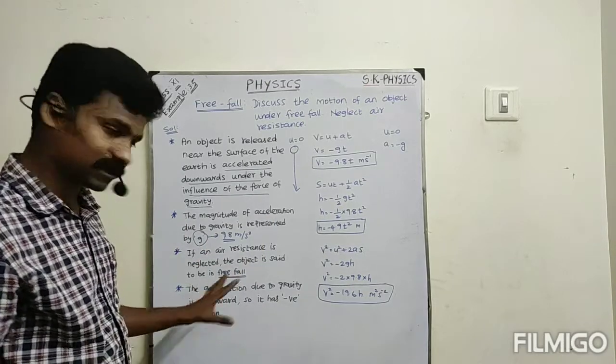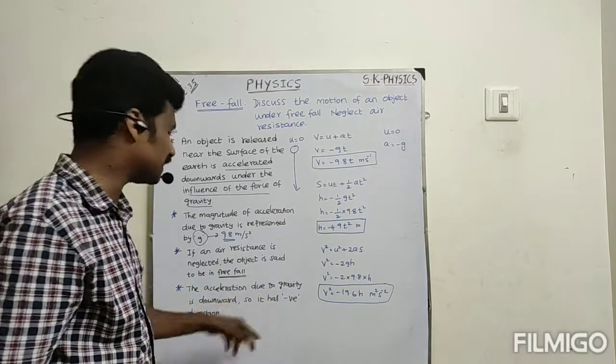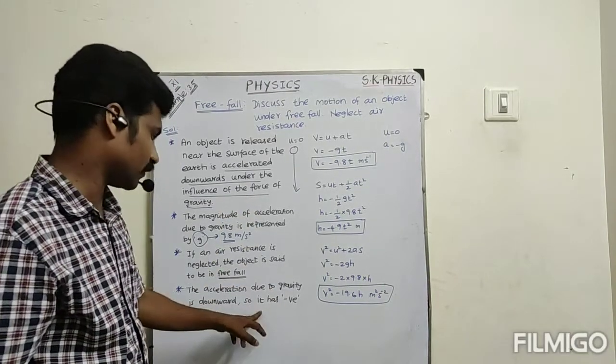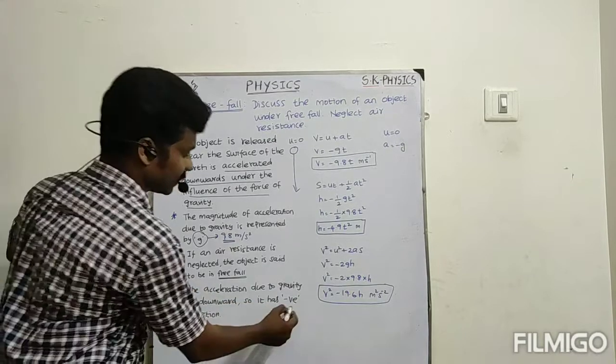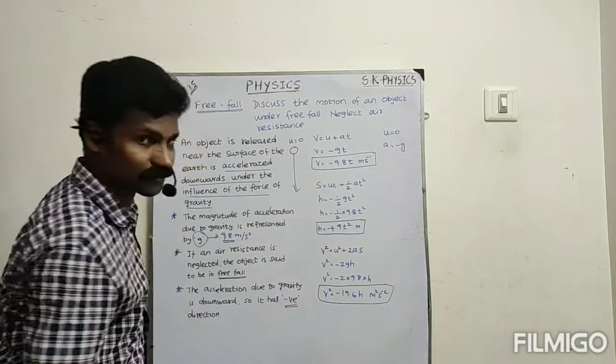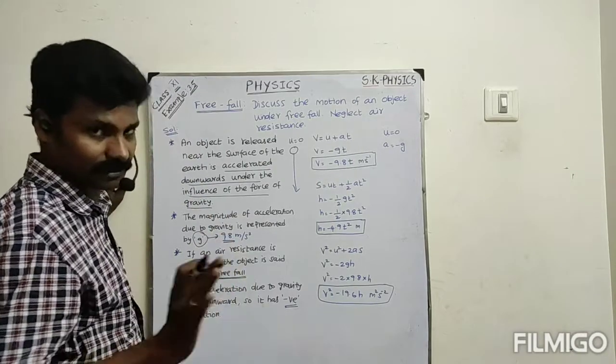For that purpose I write here that the acceleration due to gravity is in the downward direction, the negative direction. It's a very important point, so don't be confused. While we draw the graphical diagram, you will understand.